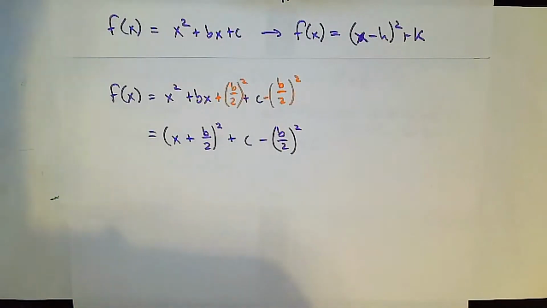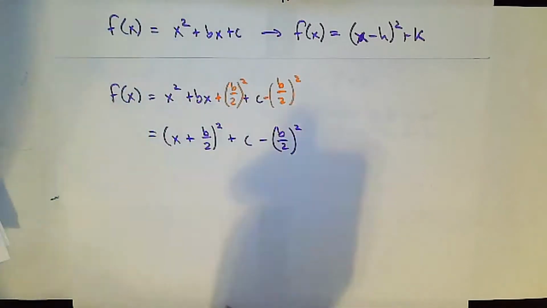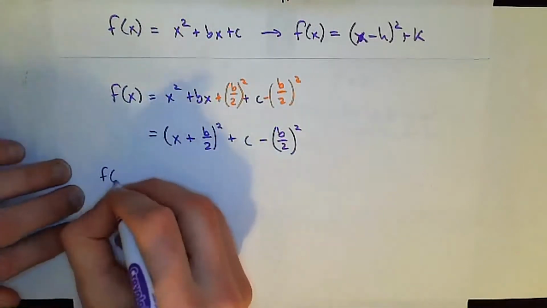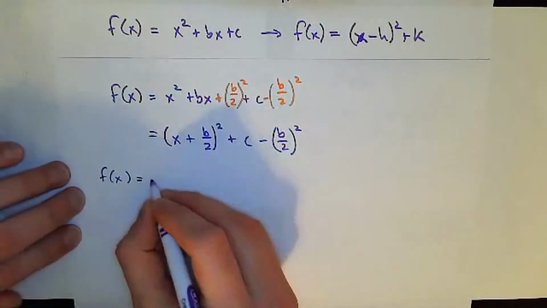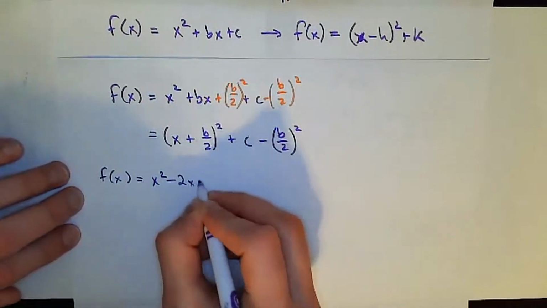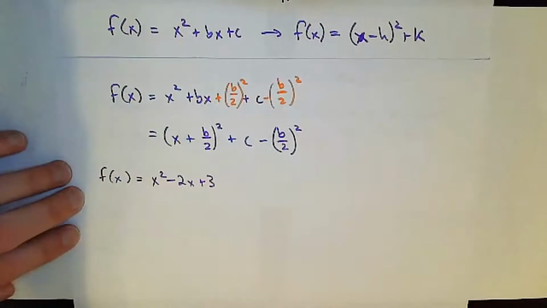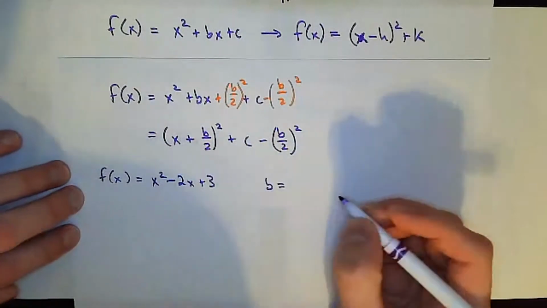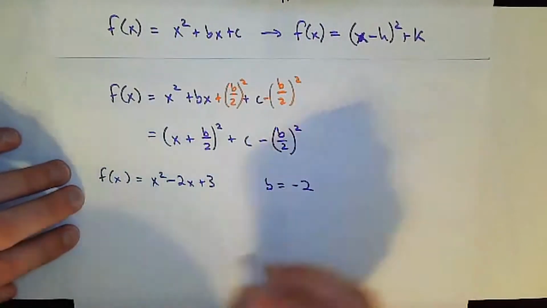So as you can imagine, it gets a little bit more complicated when a is not equal to 1, but this is all we did for the first two examples. Let me show you. Maybe I'll rerun them using this nice, easy little formula here. If f of x is equal to x squared minus 2x plus 3, b, which is really what I'm concerned with, is equal to -2.